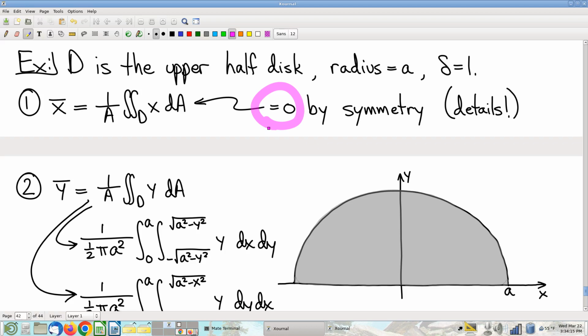The physics argument is to say, if I draw a line right there and imagine this mass is trying to balance on that line, the torque on the left and the torque on the right are exactly the same, equal and opposite, so it should balance. Doesn't that mean immediately that the center of mass is on this line, and that x bar is equal to 0?